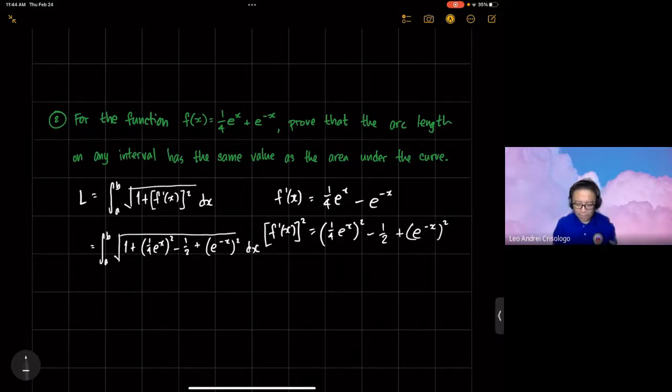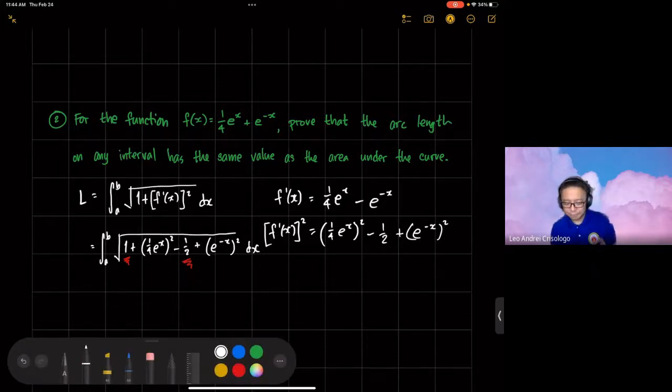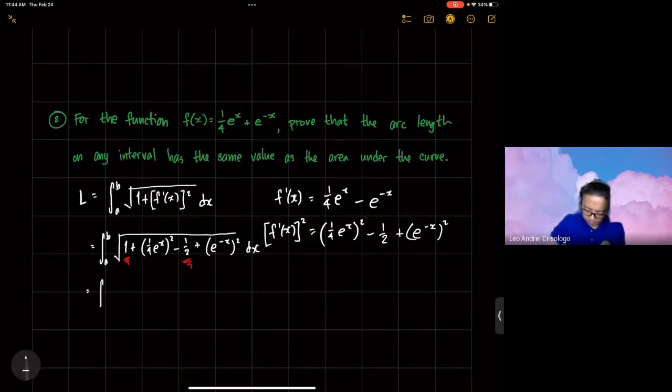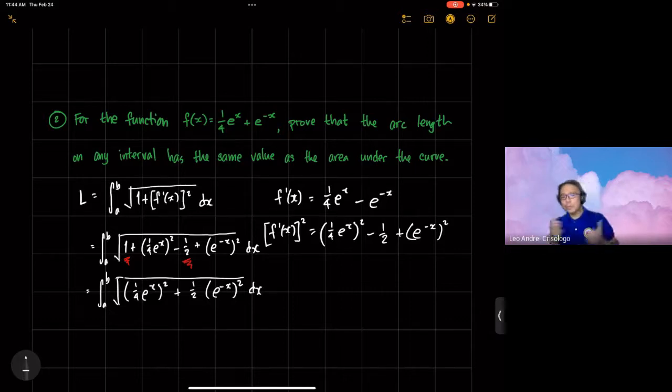Okay? And the thing to notice is that we have a convenient 1 and a convenient negative 1/2. So, of course, that adds up to 1/2. So we can get this inside. But if we compare the integrand with the result we got in the square root, you only changed the middle term from negative 1/2 to positive 1/2, right?